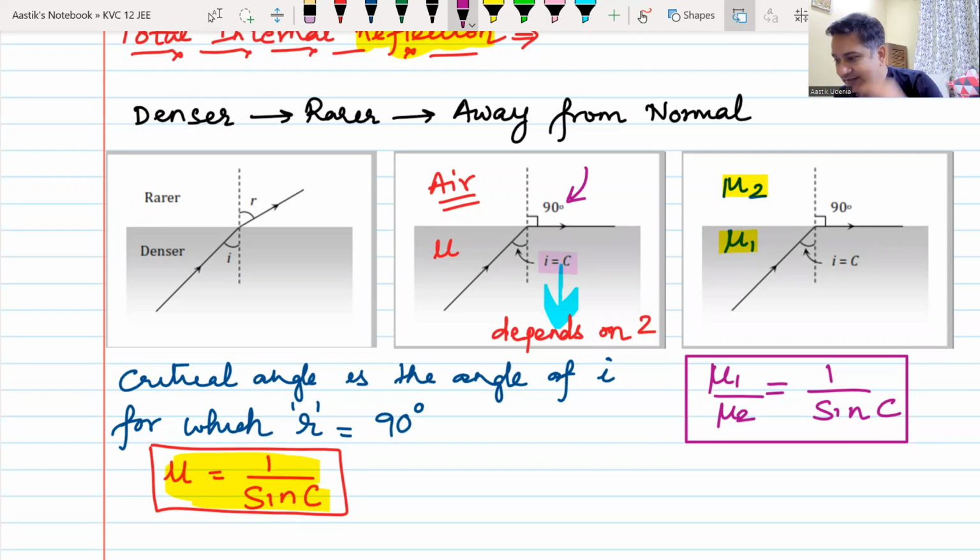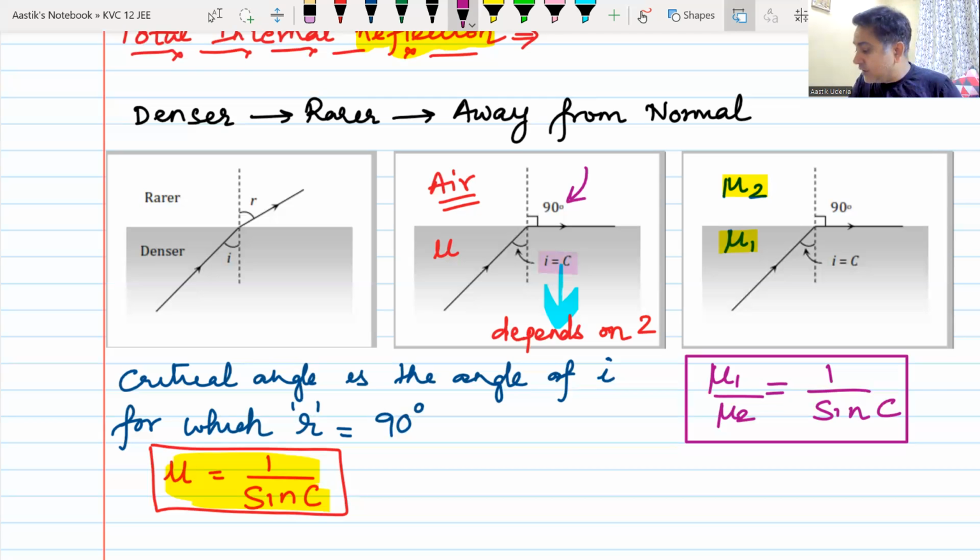That angle is known as critical angle. For a medium and air, mu is equal to 1 by sin C. For mediums 1 and 2, mu1 by mu2 is equal to 1 by sin C. Do we understand this? Has everyone noted this?